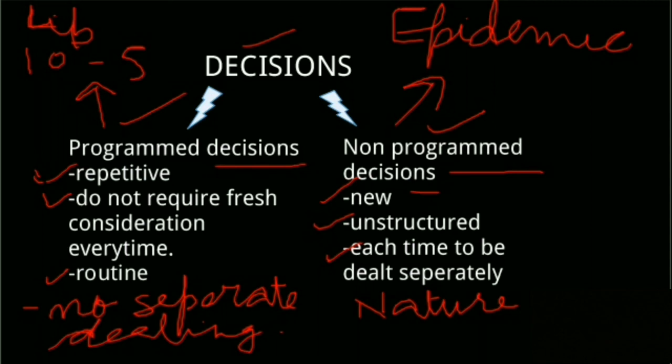Both the programmed and the non-programmed decisions have to be taken in a broad framework, or you can say a course of action. So the public policy is the broad direction or perspective that the government lays down in order to take decisions. Each organization or individual is enjoined to take a decision within a policy framework.